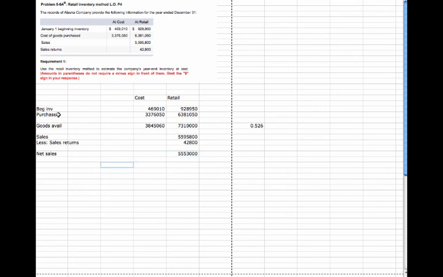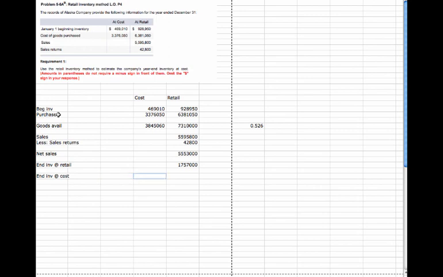So in other words, what I have left is my ending inventory at retail, which is basically my goods available minus what I sold, or $1,757,000 at retail.